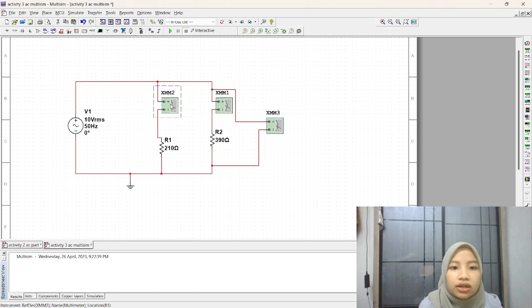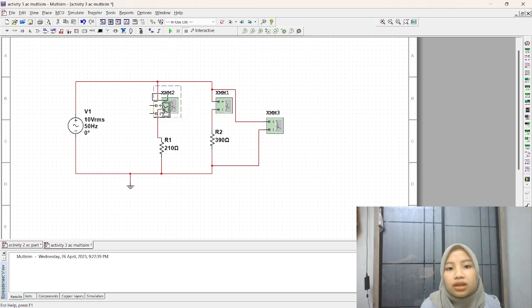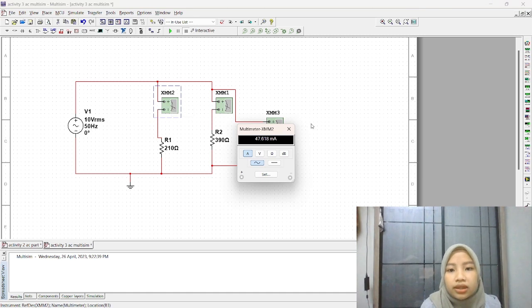Okay, for the multimeter, we use the same multimeter for the three measurements. In this multimeter we need to set it up to get a current value, so we use the A symbol, and the same goes with the same condition, that is AC connection.